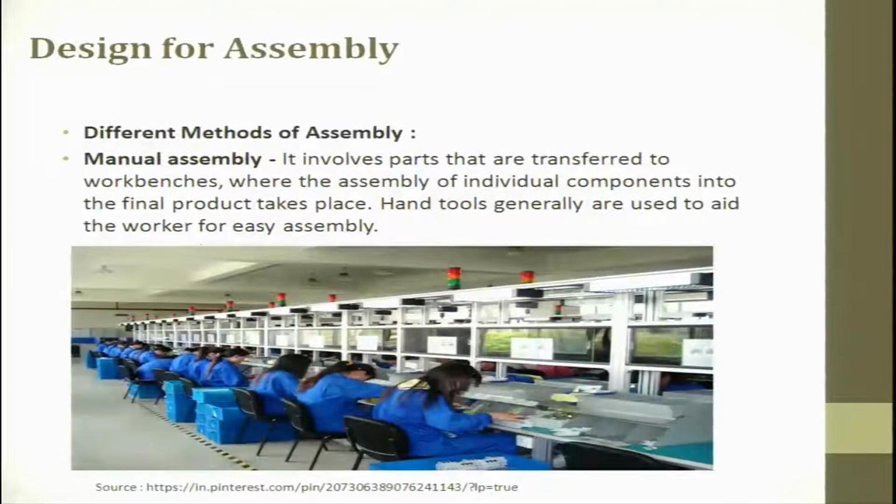So, there are different ways of assembly. One is manual assembly, the other one is automatic assembly. In manual assembly, you can see that there are many operators sitting beside each other and trying to do a job. Here the product can move from the first person to the last person.